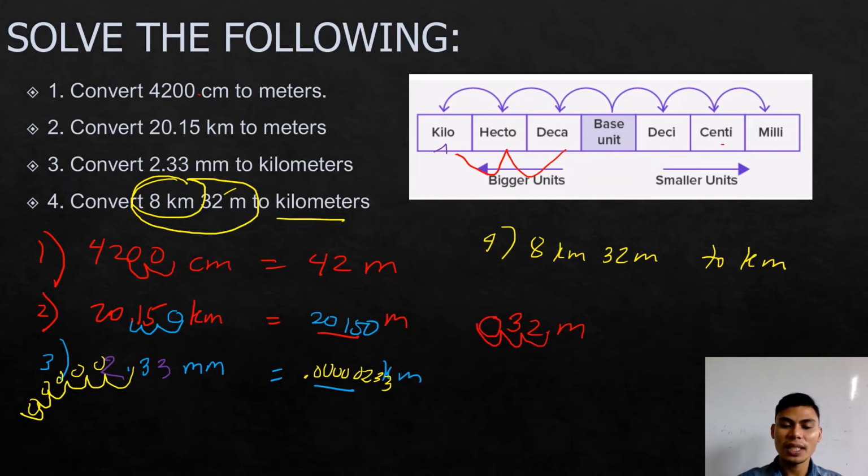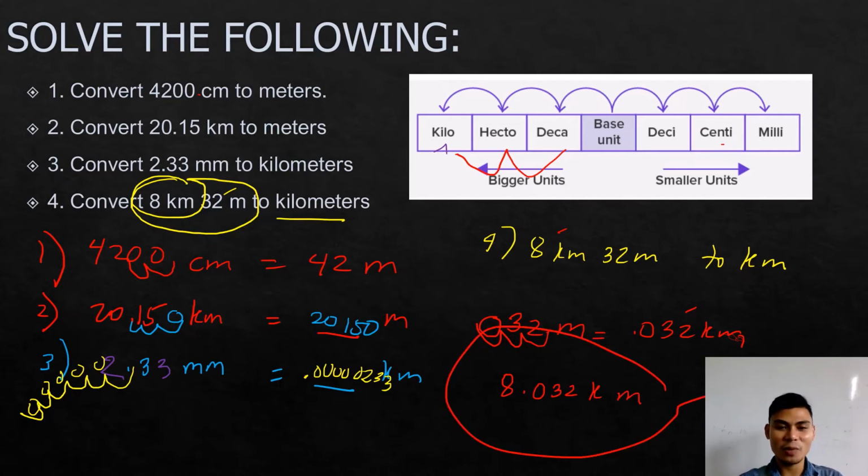So, put 0. 32 meters is just 0.032 kilometers. Pwede nang ma-combine. 8 plus 0.032 is 8.032 kilometers. And that's just what the question wants. Kinombine lang natin. Ganyan lang po ka-basic.